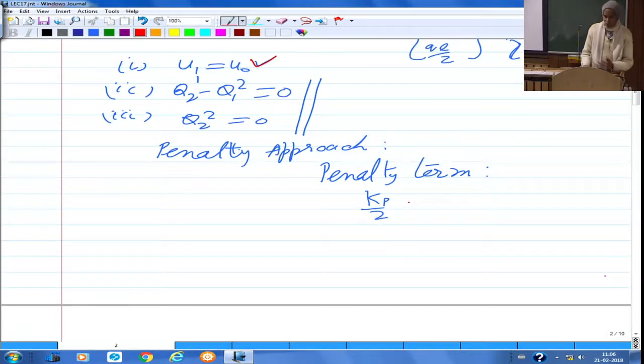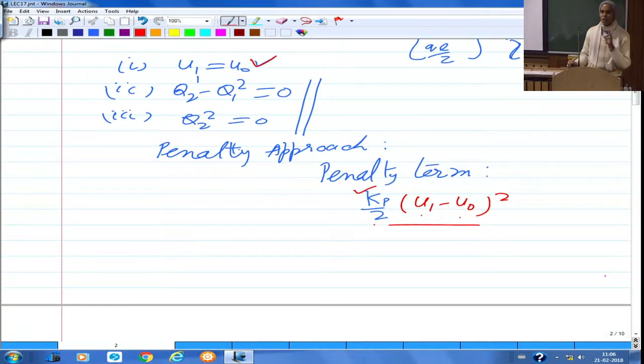If I try to write a corresponding energy-like term, I can say Kp by 2 into U1 minus U0 whole square. This we call the penalty energy term. What it means is that when we are solving the problem, if U1 is not equal to U0, a small difference multiplied by a large number Kp, a large positive number, will give rise to a large value of this penalty term.